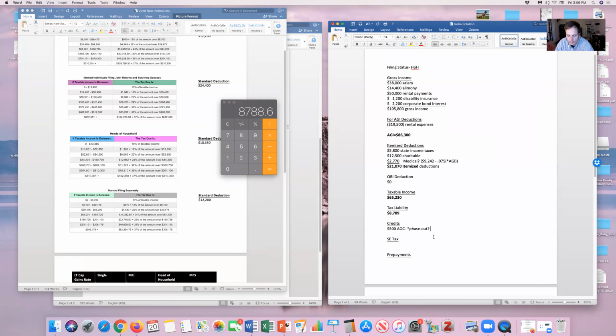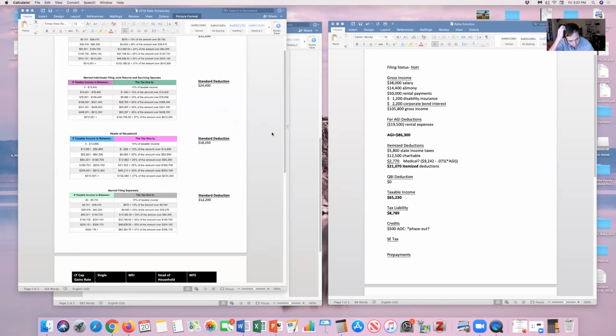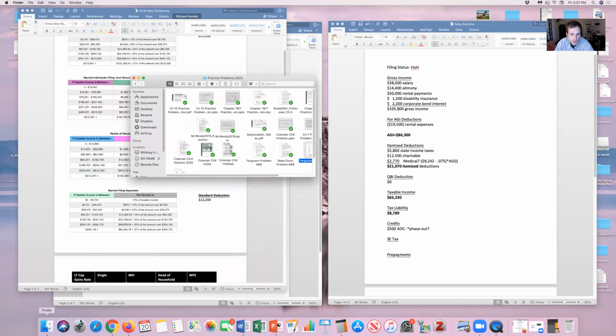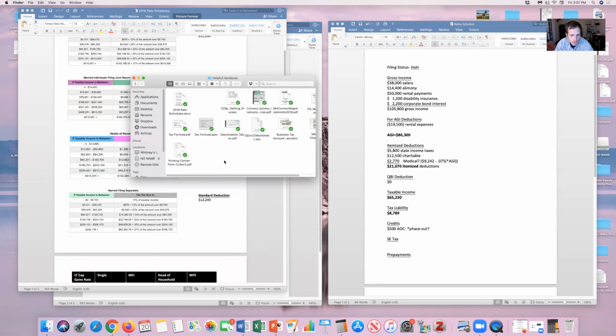All right, so our credit that we already noted was the American Opportunity Credit, but we made ourselves a note, we have to think about the phase out. So if we need to look up our phase out information, I'm going to pull up my phase out information.